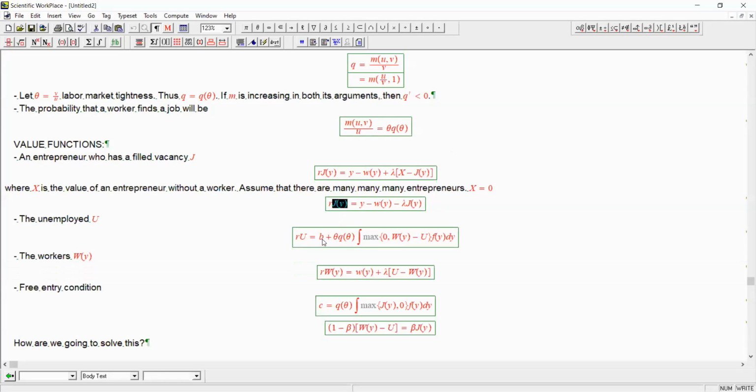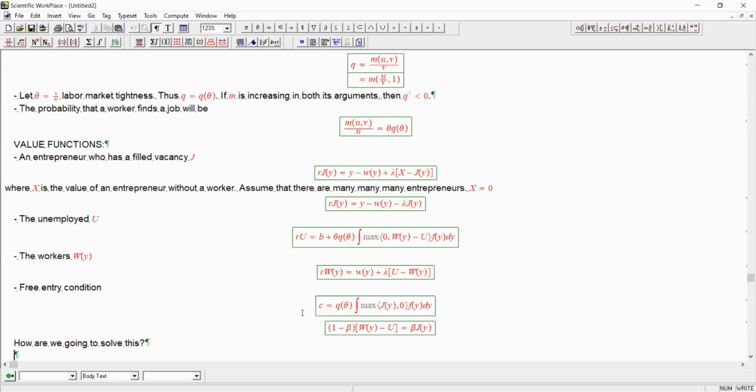J of y is unknown, U is unknown, W of y is unknown, q of theta is unknown, and this wage is unknown. So we have 5 equations and 5 unknowns, except that, of course, some of these unknowns are functions rather than being numbers. At the same time, there's a lot of linearity here, and that's going to help us solve it.